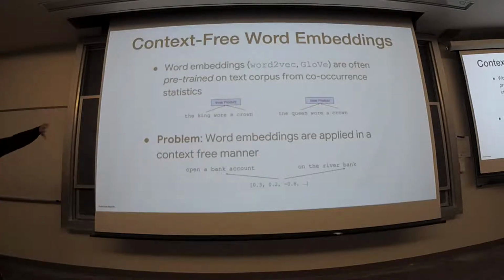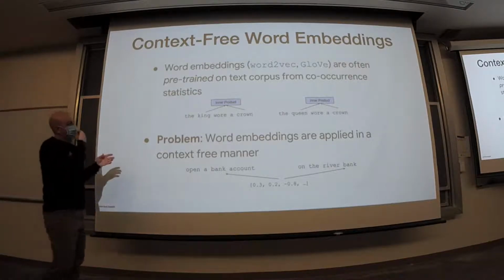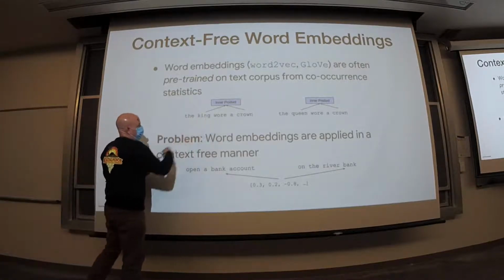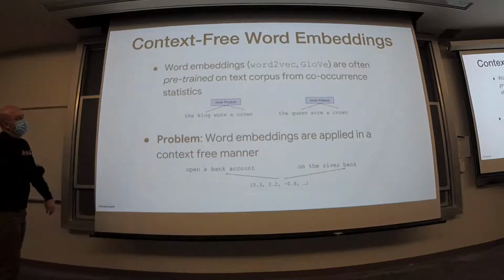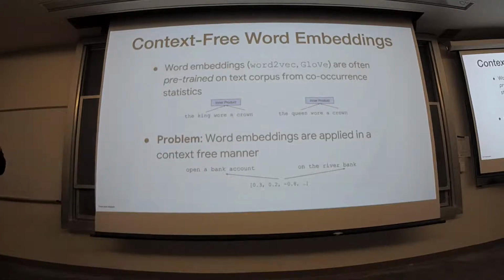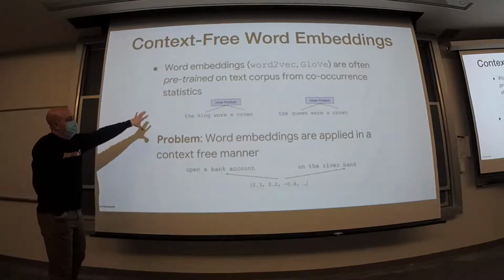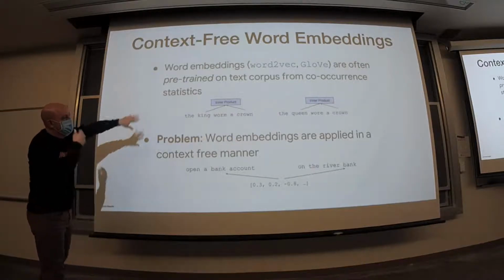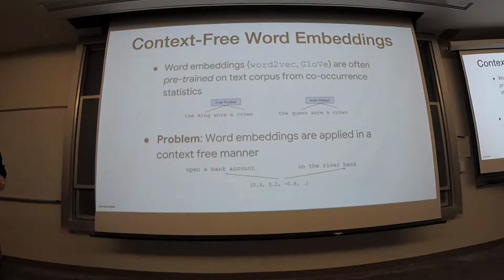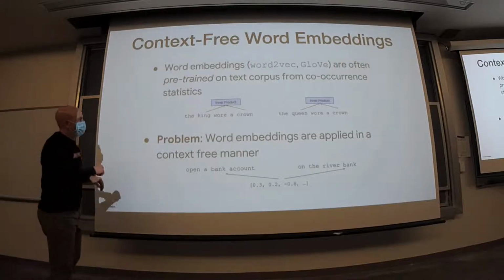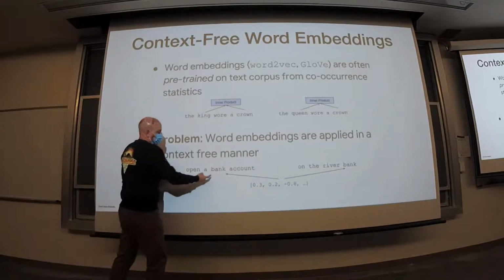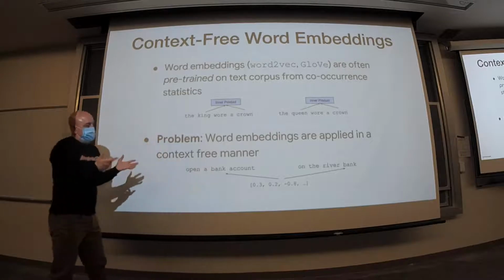But there are these ways of learning to assign a vector to different tokens in your vocabulary as a way of being an encoding or embedding, as it's often called, some version of that word. The thing about word2vec and GloVe is that it's context free, in the sense that there are words like bank.